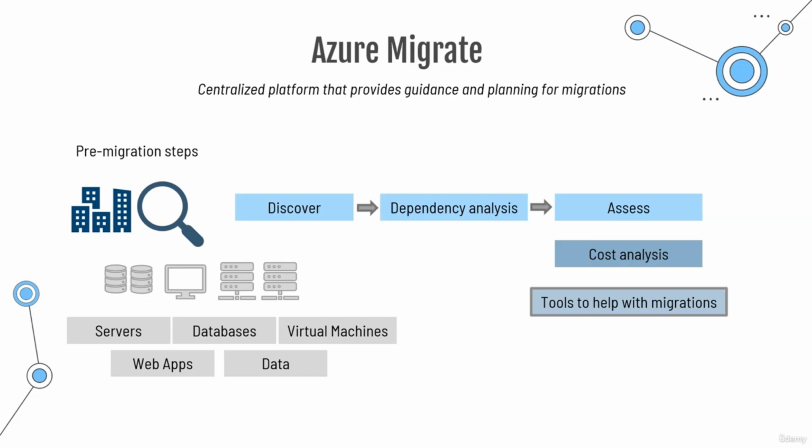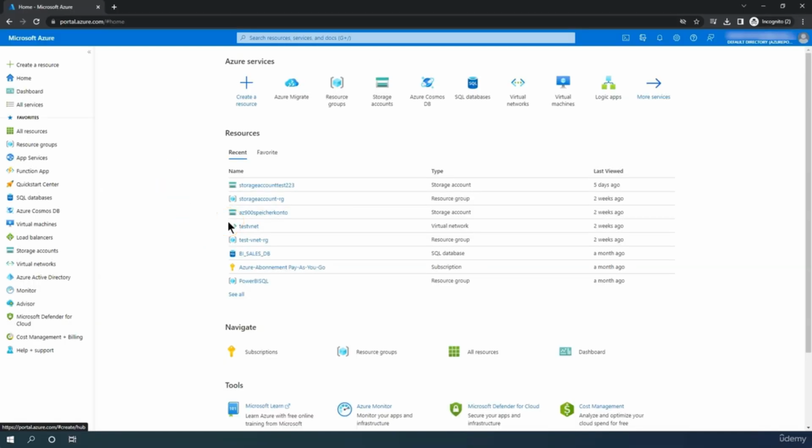So just to give you a quick impression of how it looks, we now want to head over into Azure and have a look at this in the Azure portal. Let's have a look now at Azure Migrate, which is a service that we can access like any other service in the portal.